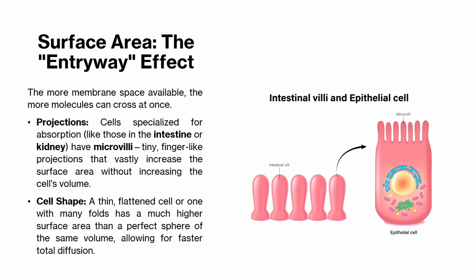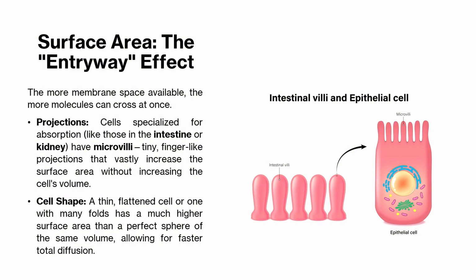Here, you should not be confused between projections, folding, and flattened cells. Through the process of projection, cells increase the surface area. For example, take microvilli. They are finger-like projections, and when they project like a finger, definitely they increase the surface area.